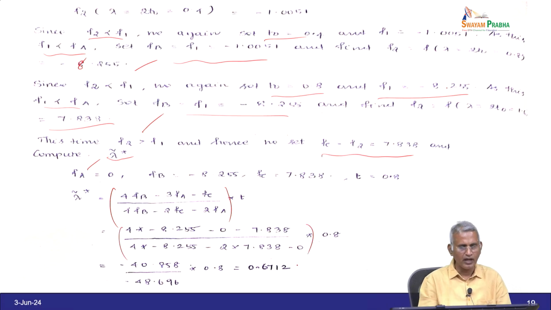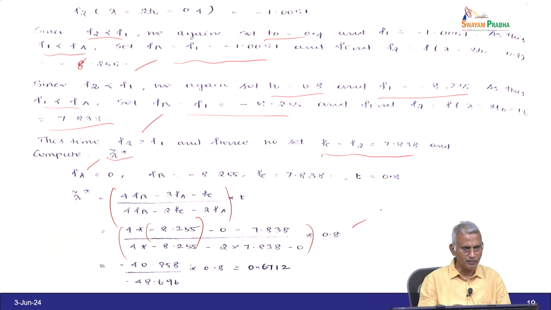So, we have the value of Fb, Fa, Fc, substitute it. 4 into minus, Fb is minus 8.255 and then Fa is 0 and Fc is 7.838 divided by 4 into minus 8.255 minus 2 into 7.838 minus 0, and here multiplication into 0.8.